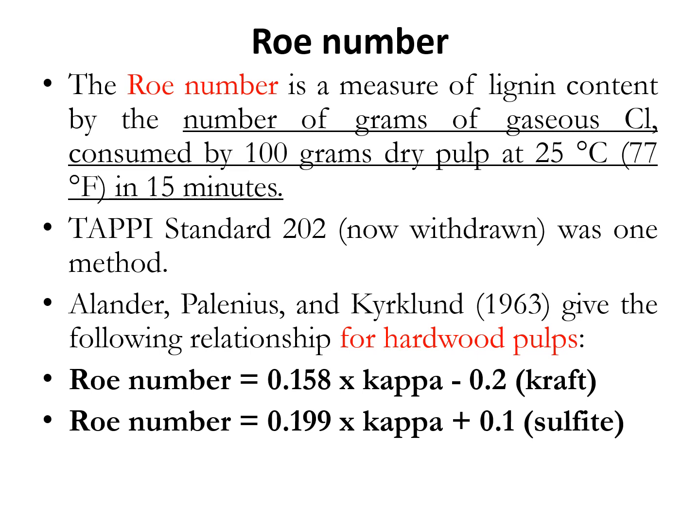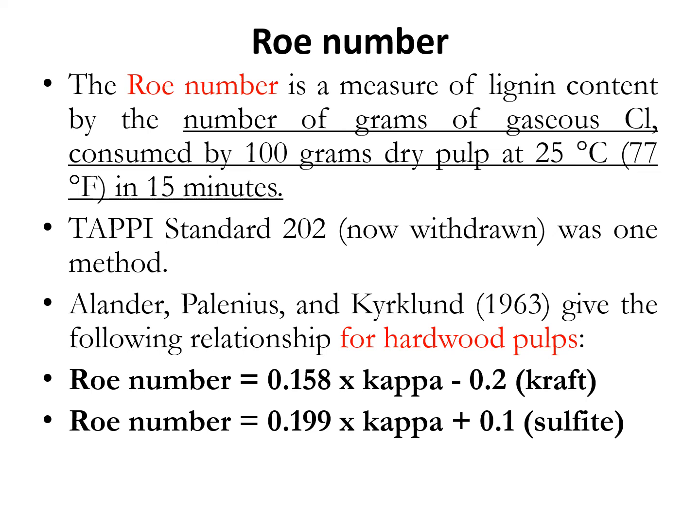Now the rho number. Rho number is basically the number of grams of gaseous chlorine consumed by 100 grams of dry or moisture-free pulp at 25 degrees centigrade in 15 minutes. Alander et al. give the equation for how it is related to the Kappa number.